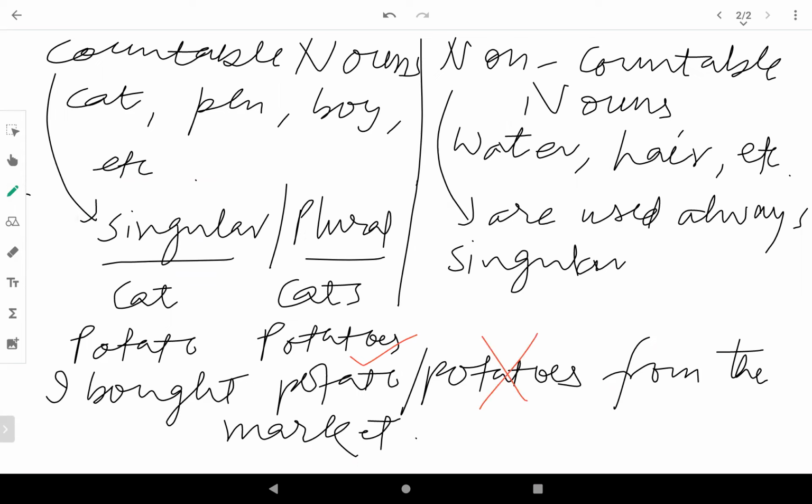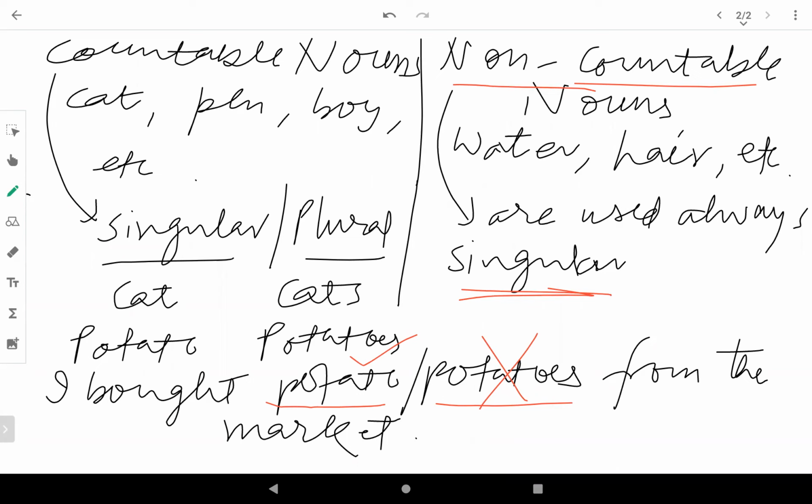So this is what you need to learn. Simply knowing potatoes are made plural as potatoes is not enough. You have to know how to use them in sentences. So this is the idea you have to keep in your mind that when non-countables are used in a sentence, then they are always used in what? Singular form.